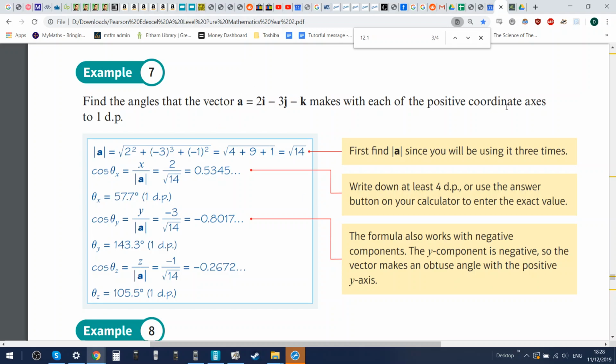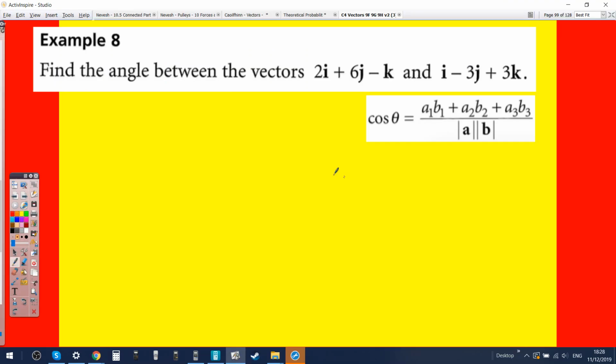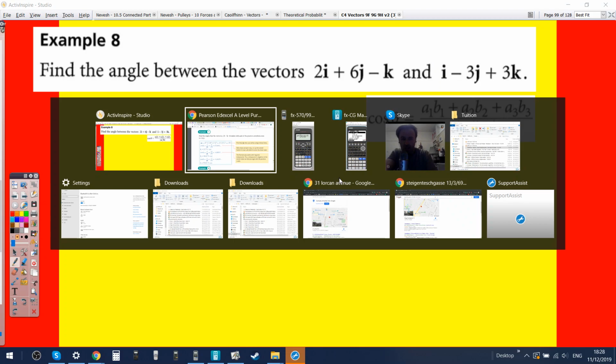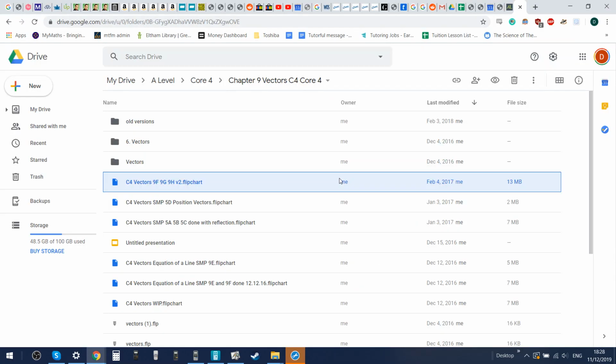With each of the positive coordinate axes. So this is with the, oh, that's just the x-axis? X over the magnitude of A. So that's 2 times, I don't know. There's one little thing that I'm missing. So usually you'd find the angle between two vectors, whereas here I think it's backwards.